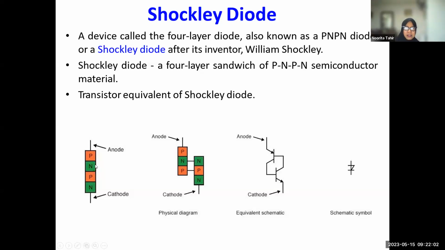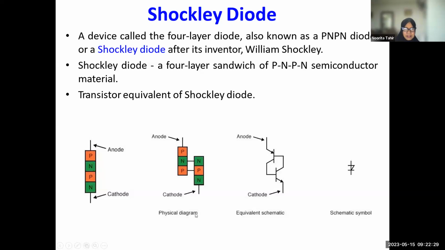And the name Shockley is based on the inventor's name, which is William Shockley. So we will see what is the specialty of the Shockley diode. It is like a sandwich, being sandwiched between the P and the N, and in between we have N and P. It's being rotated that way, the arrangement.